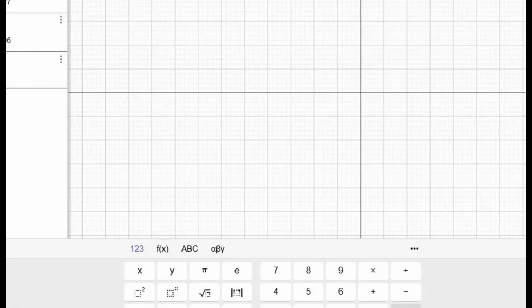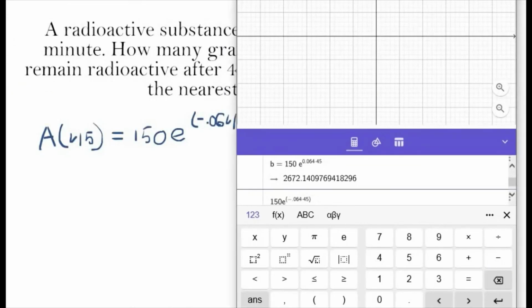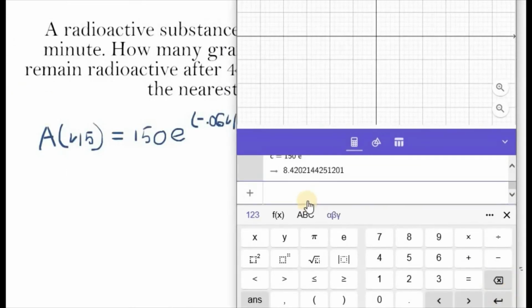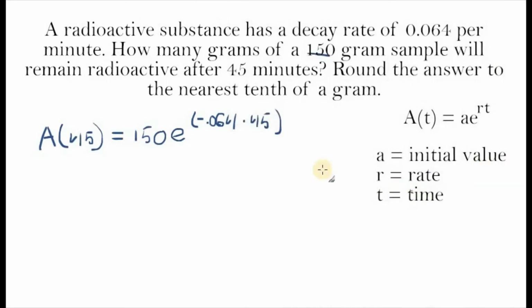And then we're going to click enter. You should get 8.42. And it wants to know to the nearest tenth of a gram. So A of 45 is equal to 8.4.